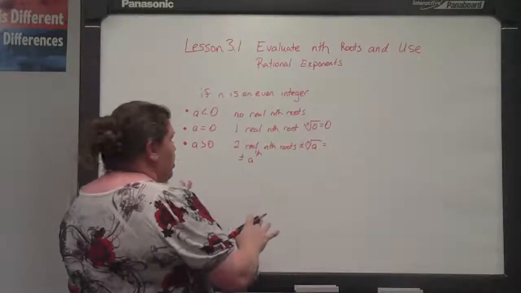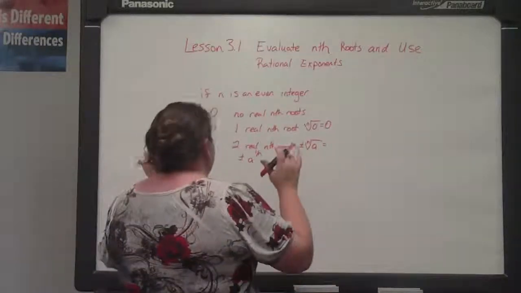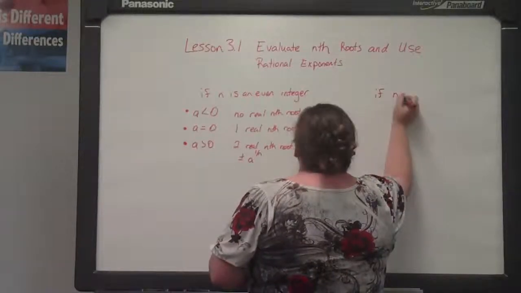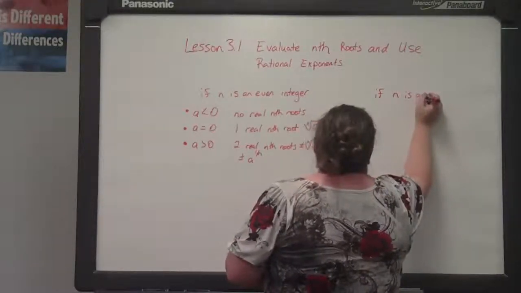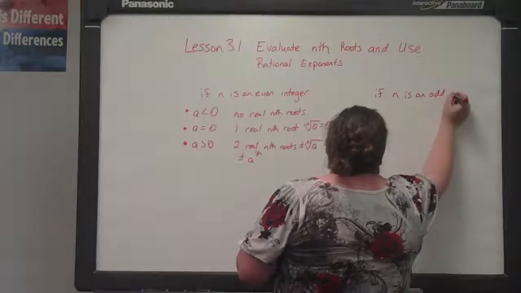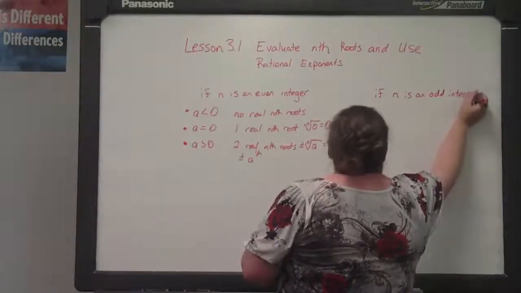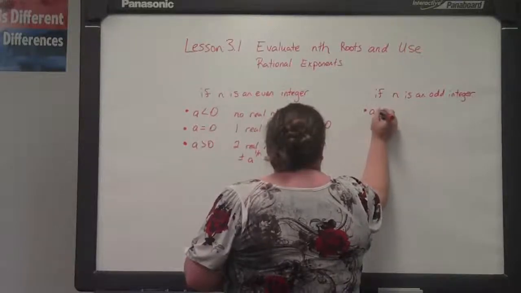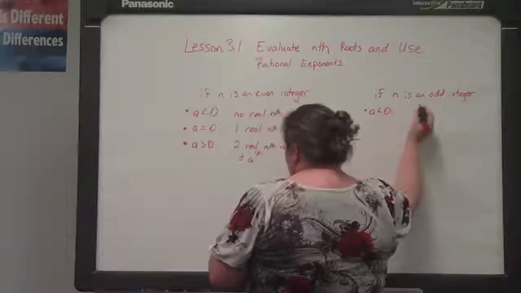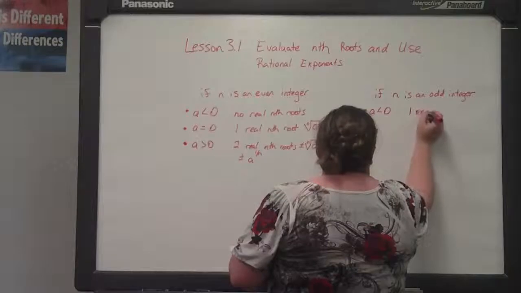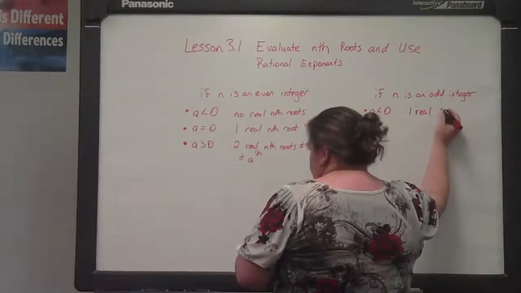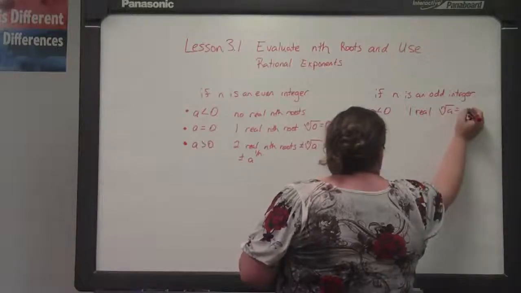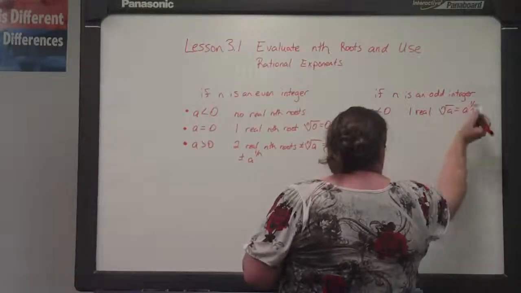So now we're going to look at if n is odd. If n is an odd integer, again we have points. If a is less than 0, you have one real nth root, and again this is the nth root of a, which is the same as saying a to the 1 over n power.